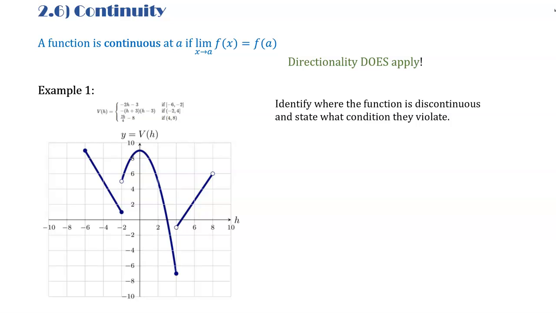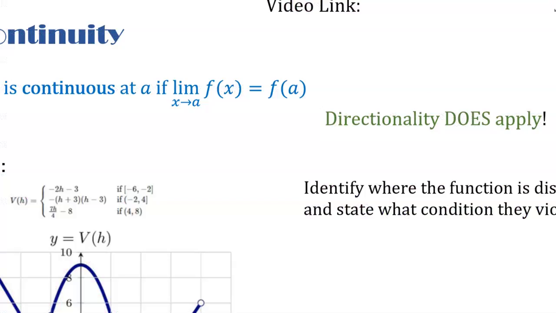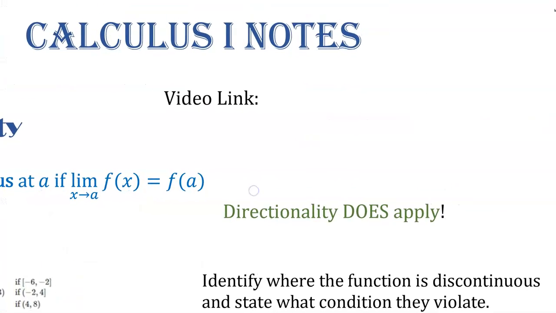Continuity is defined, at least in calculus, if the limit as x approaches a of f of x equals f of a. Now that is the official definition, but there's three things embedded in there that you may not think about unless you actually list them out. So let's think about it.